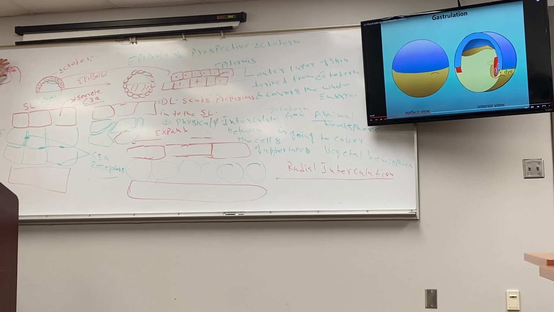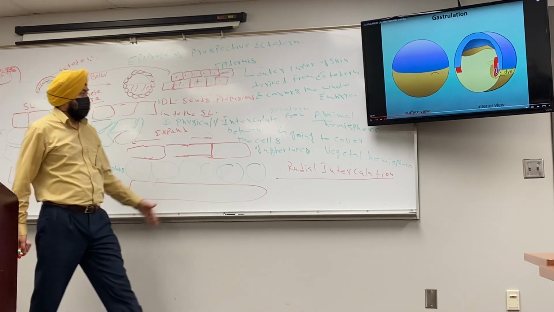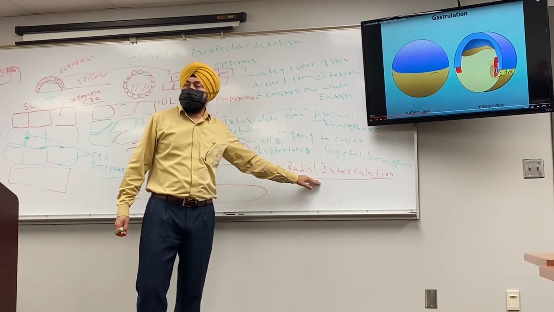The cells which are right here start dividing, so the number of cells goes way higher than it was earlier. Then the second thing, they do a process we call radial intercalation.